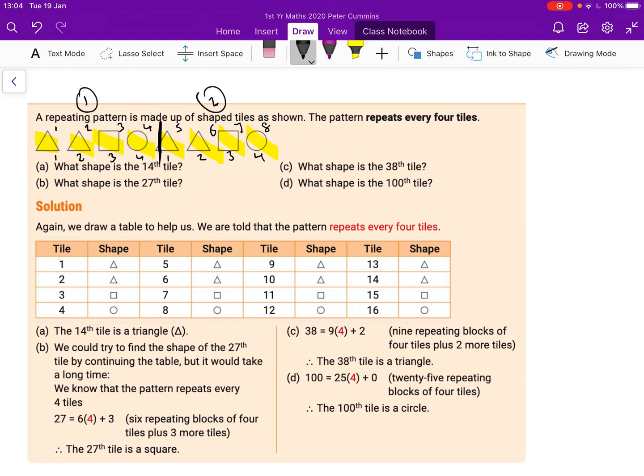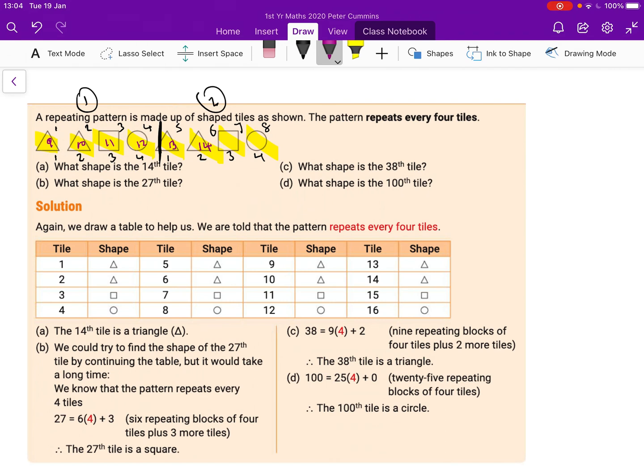What shape is the 14th tile? So we can count them up. If 1, 2, 3, 4, 5, 6, 7, and 8 gives us 2 patterns, then we can keep going on. This is going to be 9, 10, 11, 12, 13, and 14.